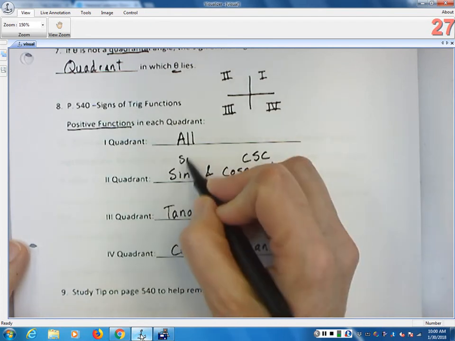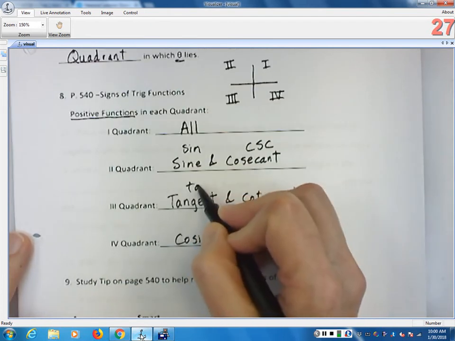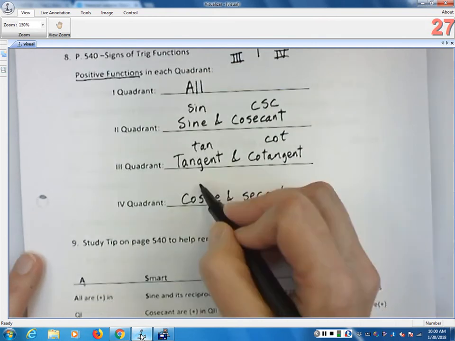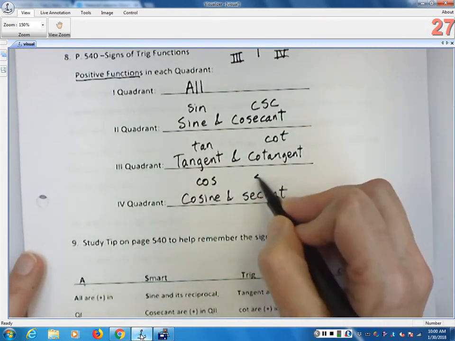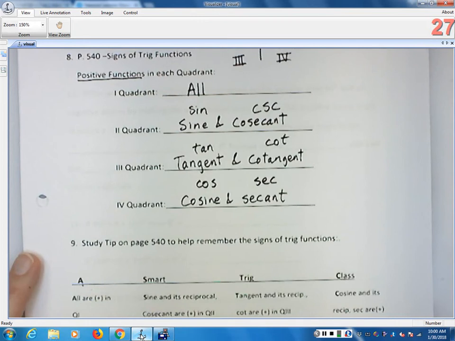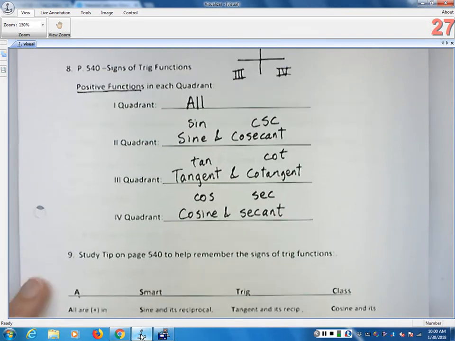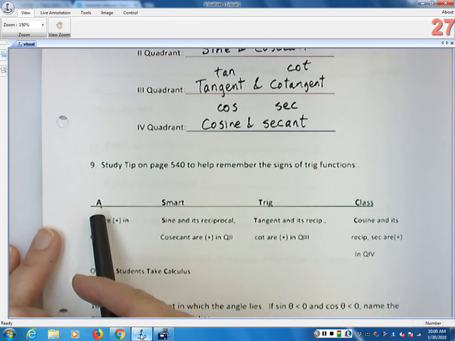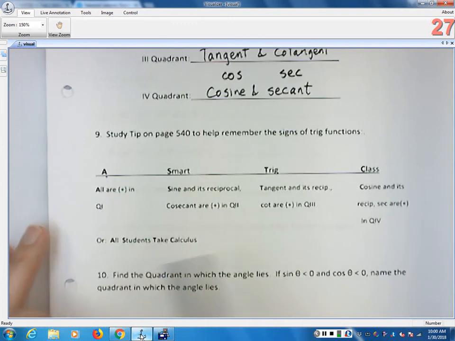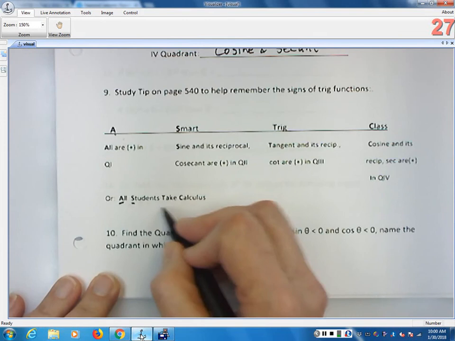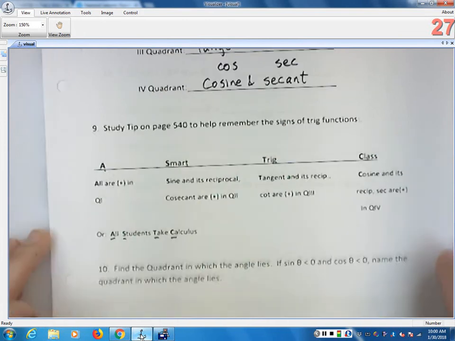This is sine. This is tangent. This is cotangent. These are the abbreviations. Cosine and secant. So you can remember that a smart trig class gives you the signs, or all students take calculus, whichever one you prefer.